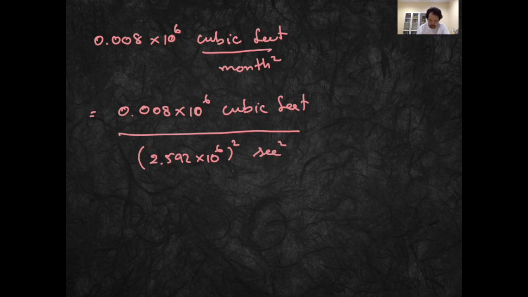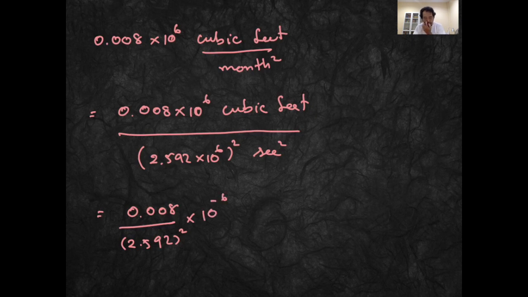Okay. Again, you may use your calculator. This equals 0.008 over 2.592 square times 10 to the minus 6. Because this is 10 to the 6 square, which is 10 to the 12, and you divide 10 to the 6 by 10 to the 12, you have 10 to the minus 6.